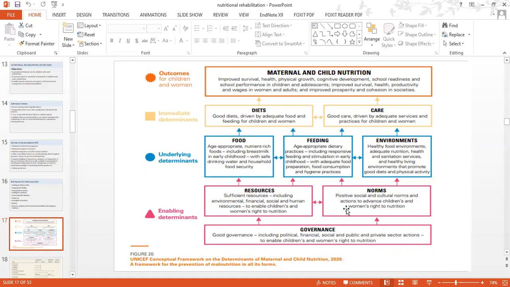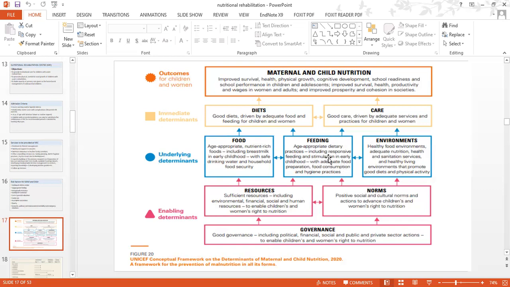And you have to consider the cultural habits, norms, and taboos associated with food and feeding practices. Not only the availability of food, but the feeding practices play an important role here.